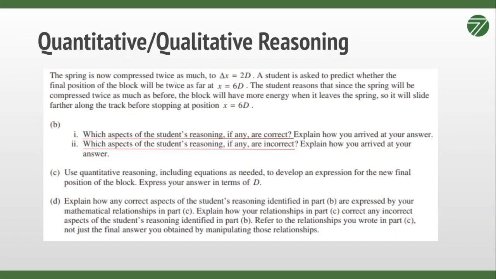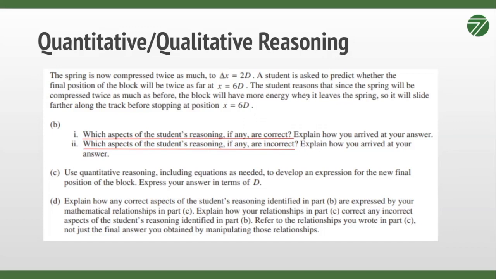Now it's compressed twice as far. How far is it going to travel? The student predicts that it'll travel 6 times as far. So you have to look at what about their reasoning is correct, and which aspects are incorrect.